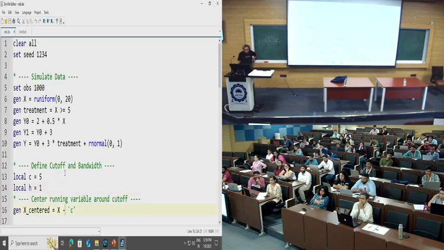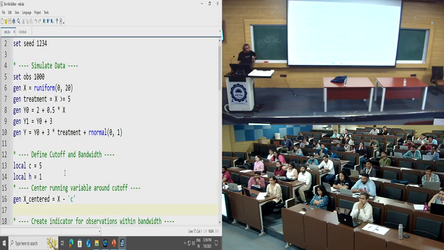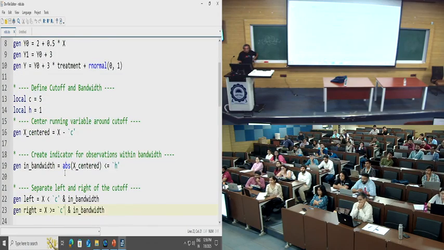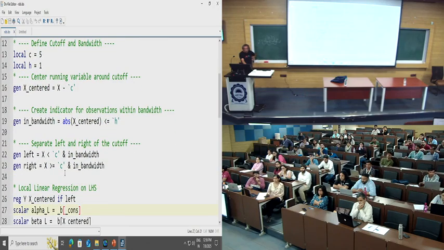I center the running variable around the cutoff. So whatever I have as X, I take the centering X minus C, which in my case is 5. I then create an indicator for observations within the bandwidth, and then I run separate regressions on the left and right hand side of the cutoff. Recall, it is a minimization exercise, that's what we are doing, right? And this is the left side and that's the right side. I do the local linear regression on the left hand side. Was it clear?